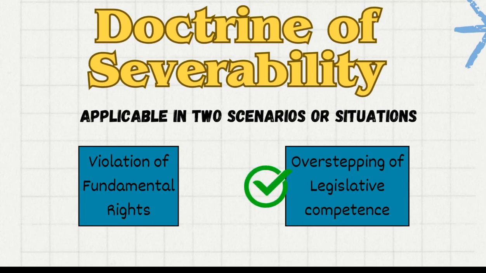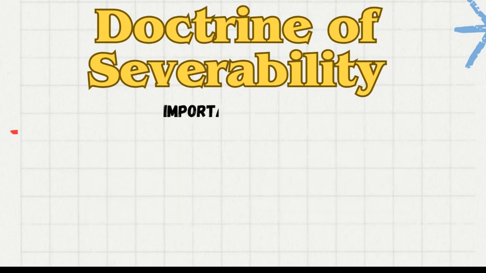Since this is a lecture on legislative relations or center-state relations, we shall only deal with the doctrine in the context of legislative competence. We shall deal with the doctrine of severability and the doctrine of eclipse in the revision lecture covering the topic of fundamental rights. For now, let us take a look at some important elements concerning the doctrine of severability.